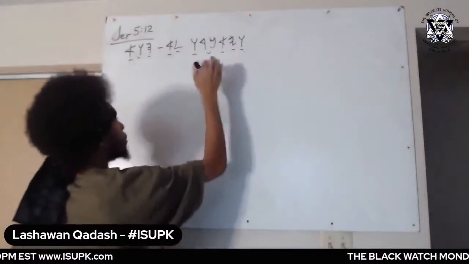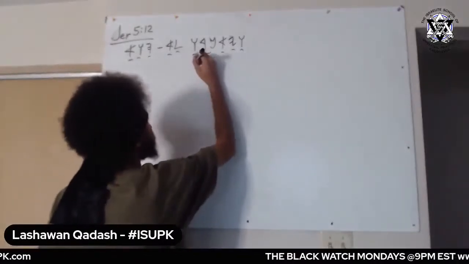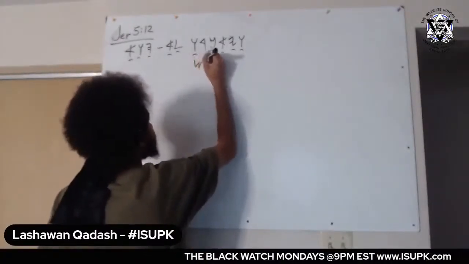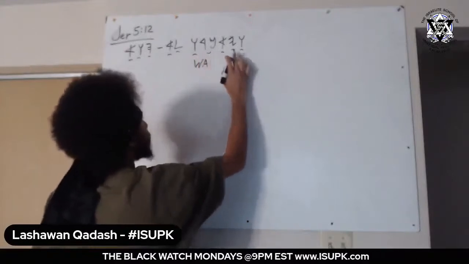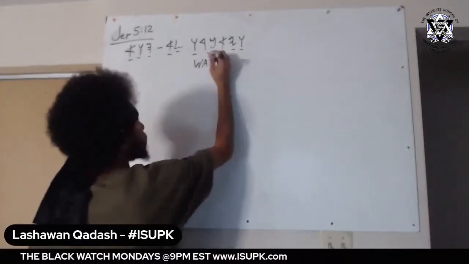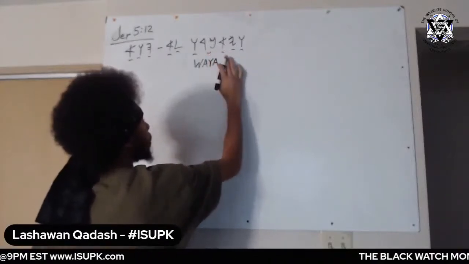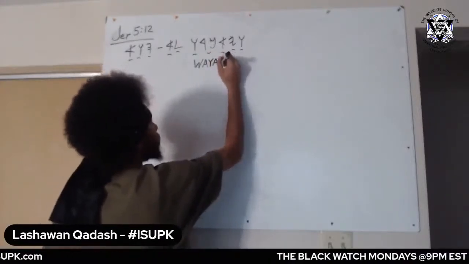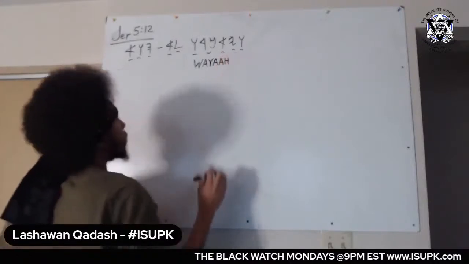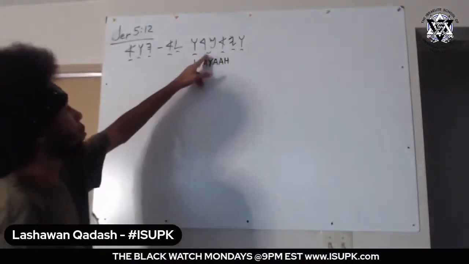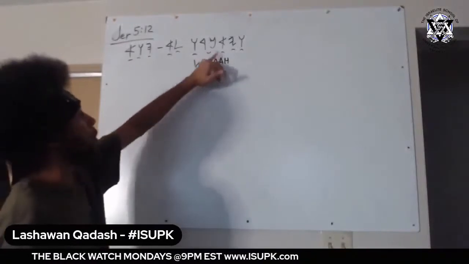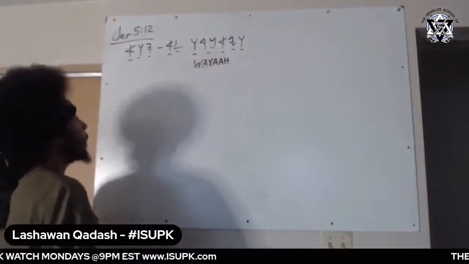So we have the wa right here. We got the wa. We have the ya by itself. Now we have these two that are connected. You got the ma and the ra, right?